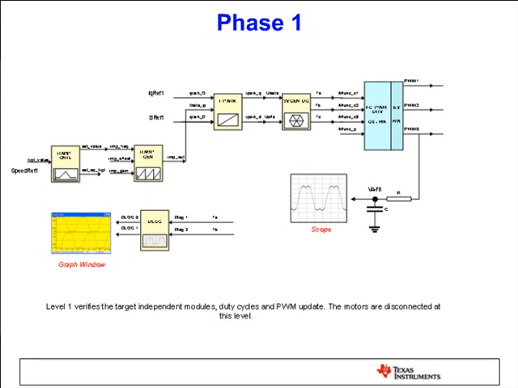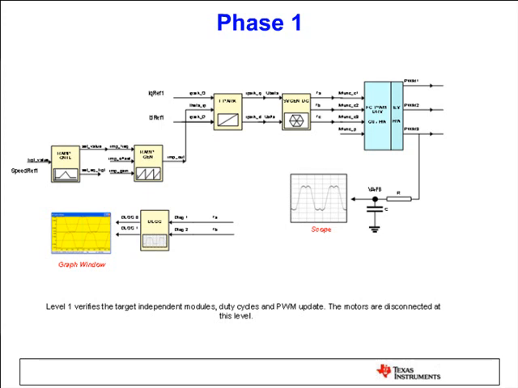The first one, for example, as you see on the slide, we ask the customer to disconnect the motor, run the code and observe the necessary waveforms, like duty cycles of the space vector, both from the inverter output and from the graph window. And we want the customer to make sure that the code is working okay. The initializations are done correctly. So as a startup, everything is okay, and we are ready to go to the next phase.